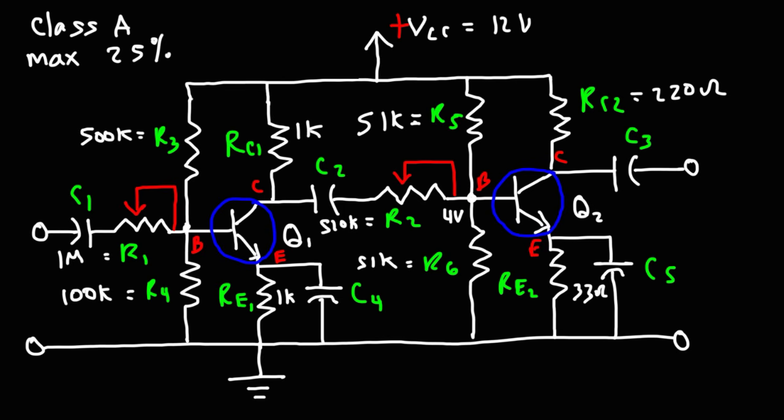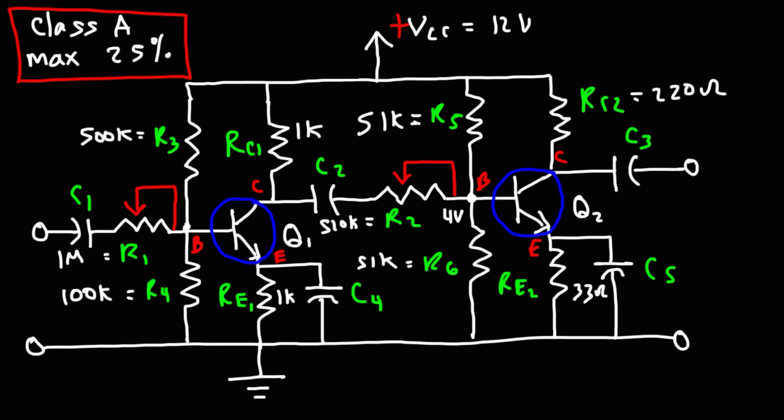Now, for the first stage, we don't really have to worry about efficiency because the input signal is very weak, and so the energy that's used by the power supply for the first stage of the amplifier will be relatively low. So efficiency is not very important for small signal analysis. If you're trying to amplify a signal that's very, very weak, you really don't need an efficient amplifier.